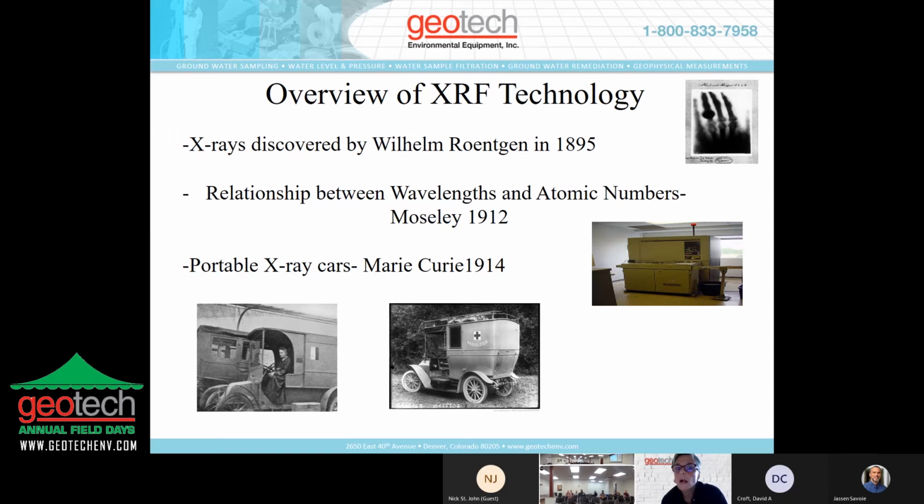So he kind of took the idea of X-rays and put it into a practical application for being able to analyze heavy metals and materials and just any type of elemental analysis we can thank Moseley for. So we had these gigantic X-ray instruments to begin with. The size here, you see this gigantic machine here.